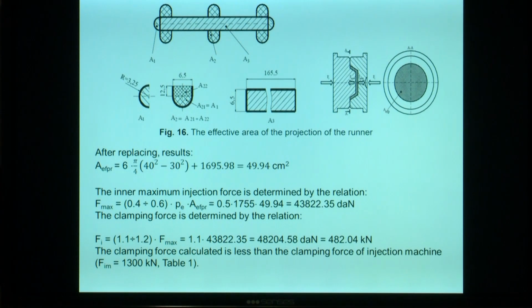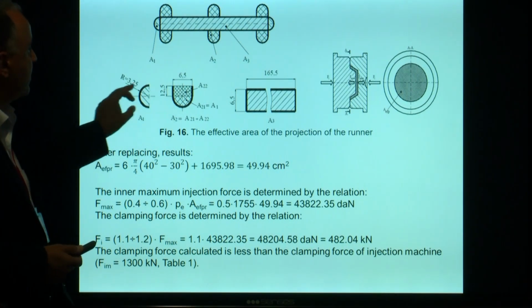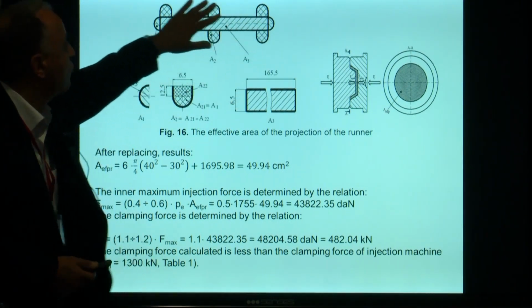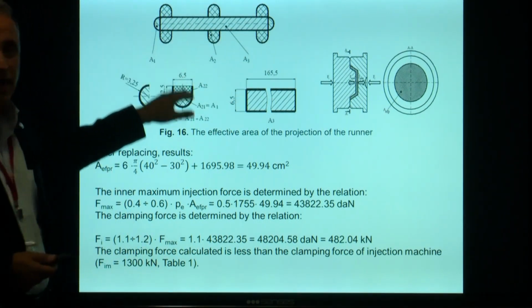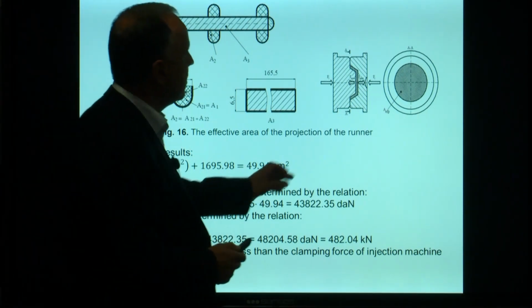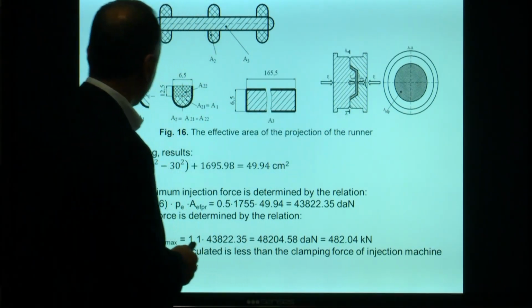Afterwards, we only have to establish exactly all the dimensions and make the calculus for the whole area. It's not difficult. And you can see here the sketch concerning the clamping force also.